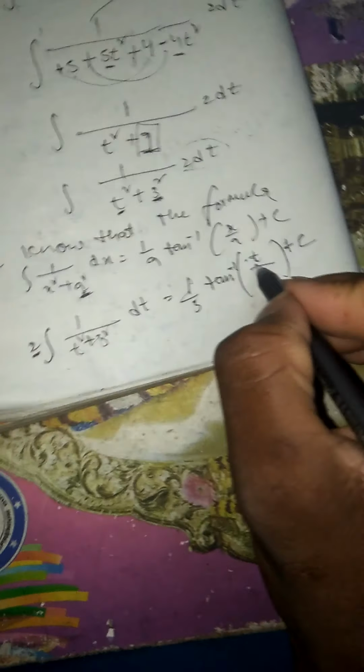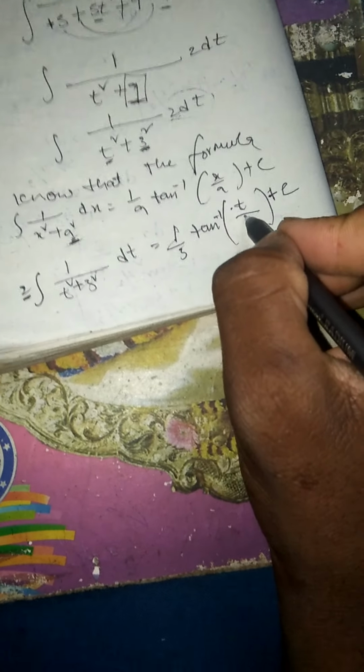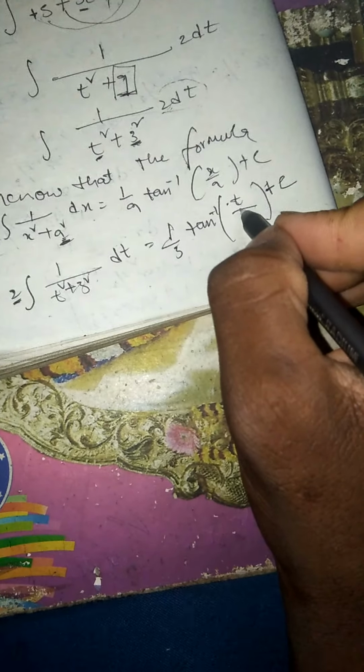We know that at the starting of the problem we have put t is equals to tan x by 2. So we have to put in the place of t, tan x by 2.